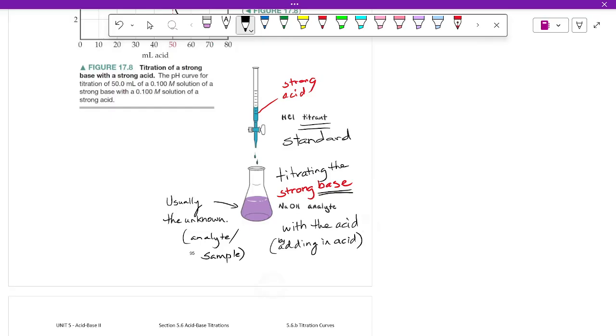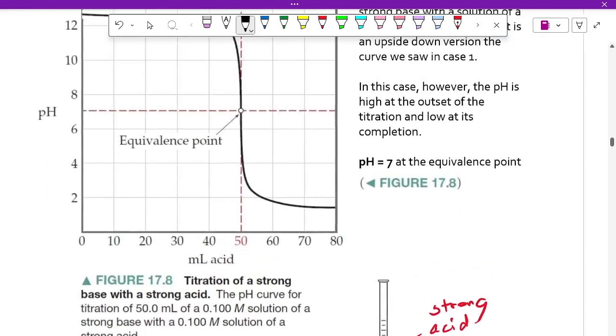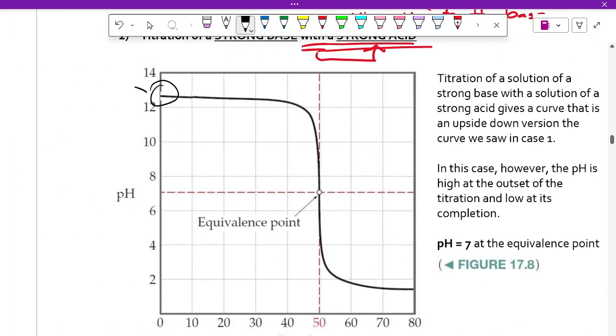If we are starting with the strong base down in the flask, what will our initial pH be like? If we are starting with the base in the flask, our initial pH will be high. Okay? Greater than 7. Strong base only.